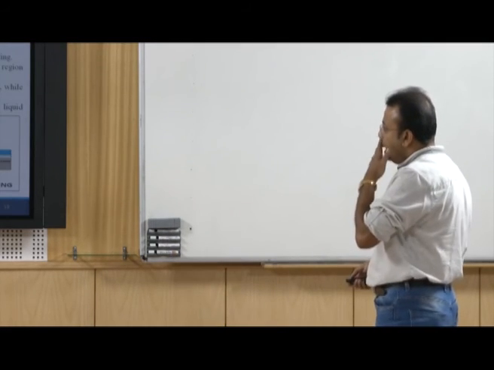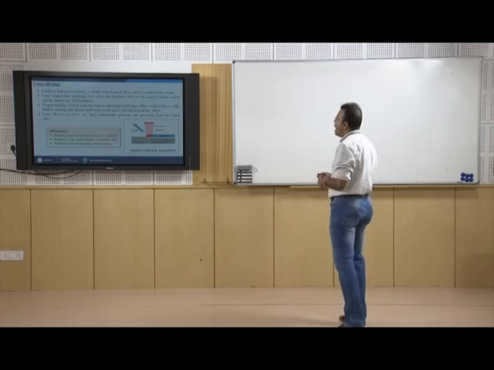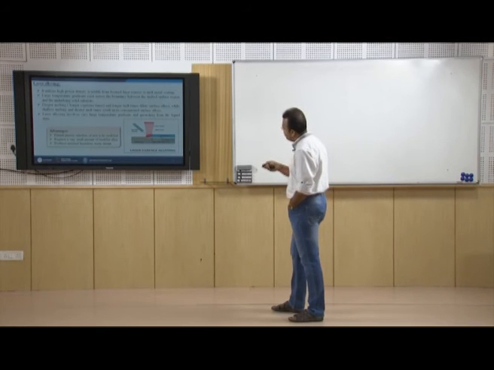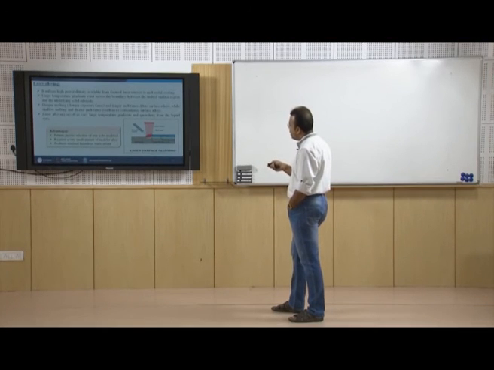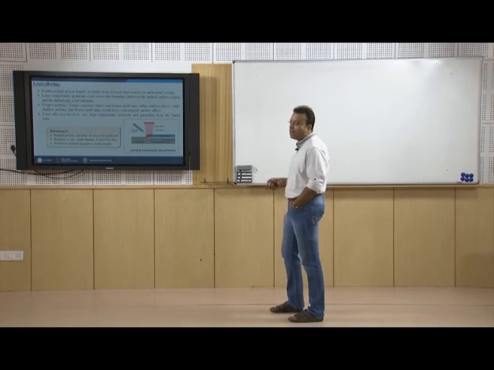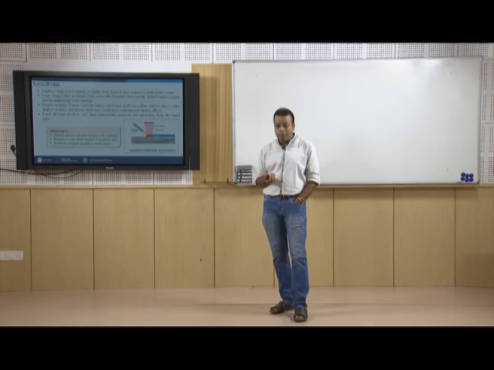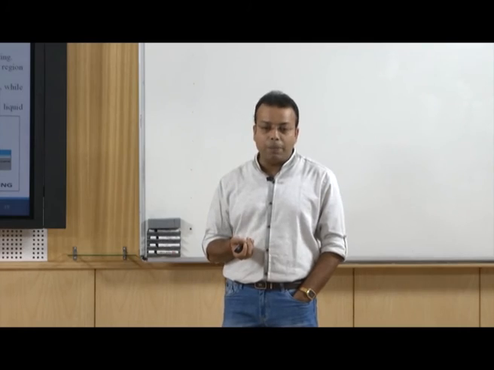Next one is called laser alloying. It utilizes the high power density available from focused laser sources to melt a metal coating. In this figure you can see we are using a certain kind of substrate, then applying the laser beam, which can be moved over it, and from another side we are using a certain kind of powder, either a coated powder or an anti-corrosive, anti-rusting powder.